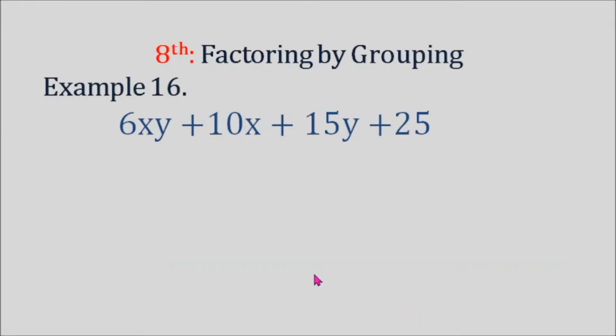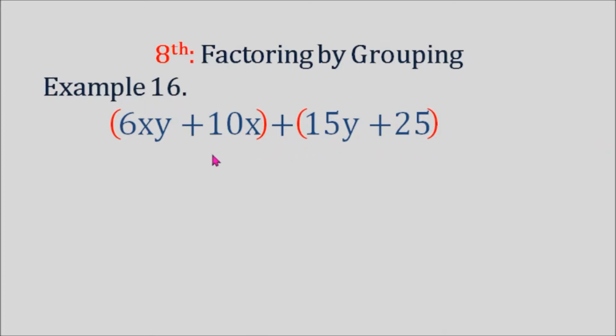Factoring technique number 8. So it's factoring by grouping. Example number 16. Factor 6xy plus 10x plus 15y plus 25. So first, I will create two groups. So this is the first group, and then this is the second group.